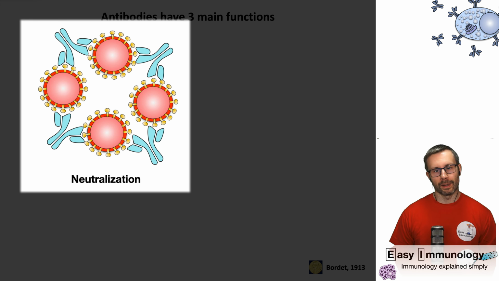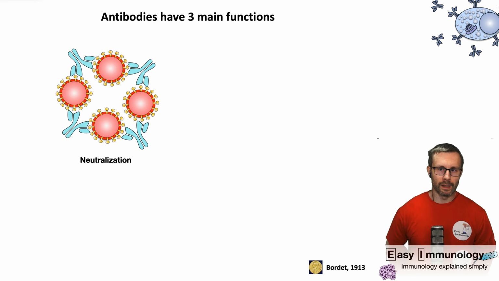For example, viruses use certain fusion proteins on their surface to fuse with their target cells. If these fusion proteins are blocked by antibodies, the infection gets blocked, and therefore these viruses are a lot less harmful. This is what we wanted to have during the COVID-19 pandemic. We wanted to induce neutralizing antibodies with the vaccines that block the virus from infecting our cells.